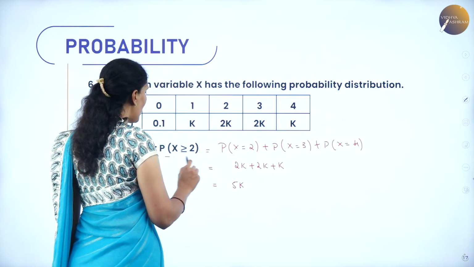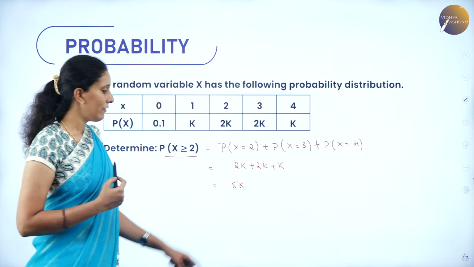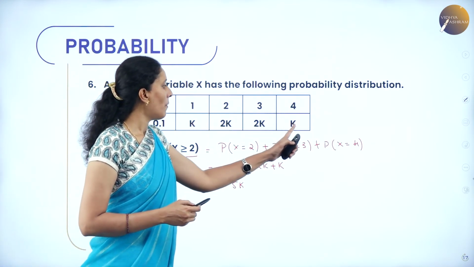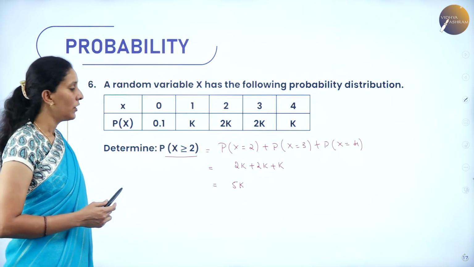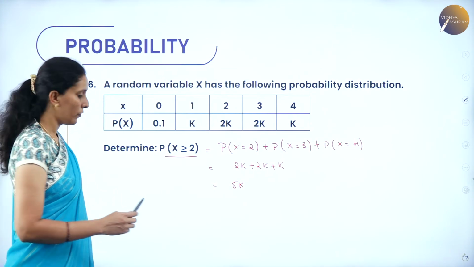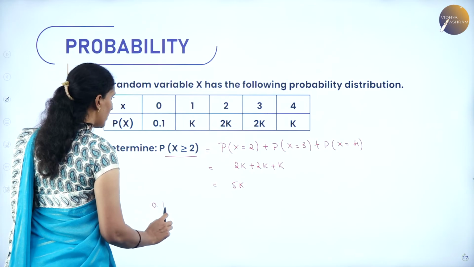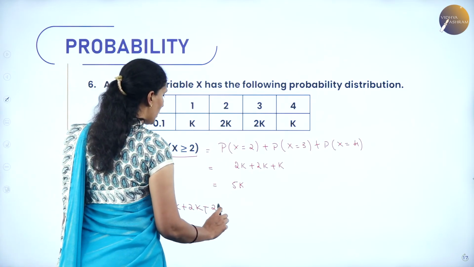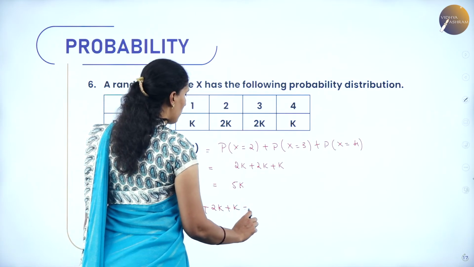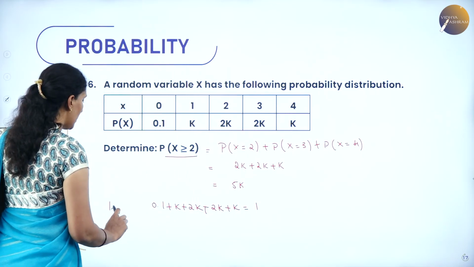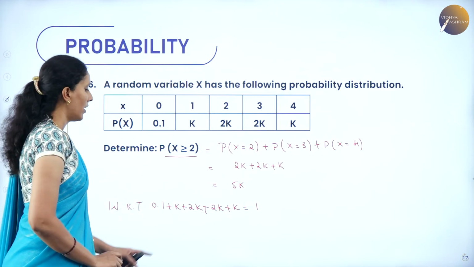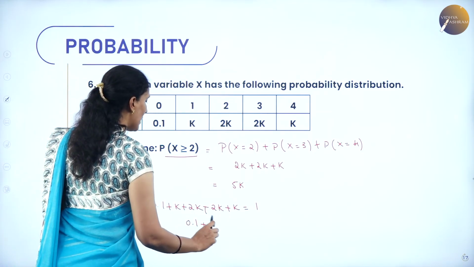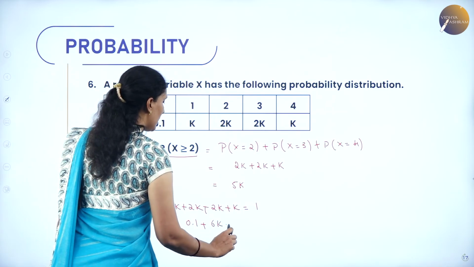Now, to find the value of the probability, I need the value of K. For that, I know the sum of all the probabilities will be equal to 1. So that is 0.1 plus K plus 2K plus 2K plus K is equal to 1. Adding all this, we have 0.1 plus 6K is equal to 1.